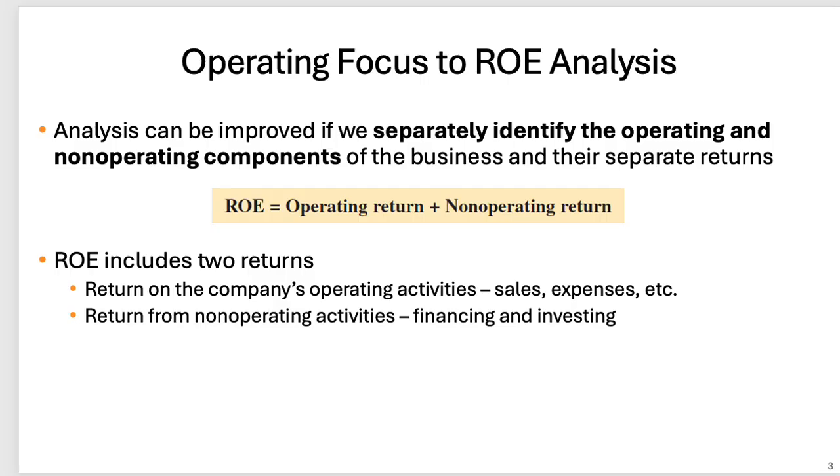And in many cases, part of it will be return that is separately earned or accrued primarily because of our non-operating activities. So if ROE includes both of these returns, really what we're talking about is return from operating activities like sales, sales-related expenses, etc. And then perhaps we are earning a financial return, at least temporarily, from financing and investing. And that's what we want to segregate so that we can focus on the operating activities and returns.